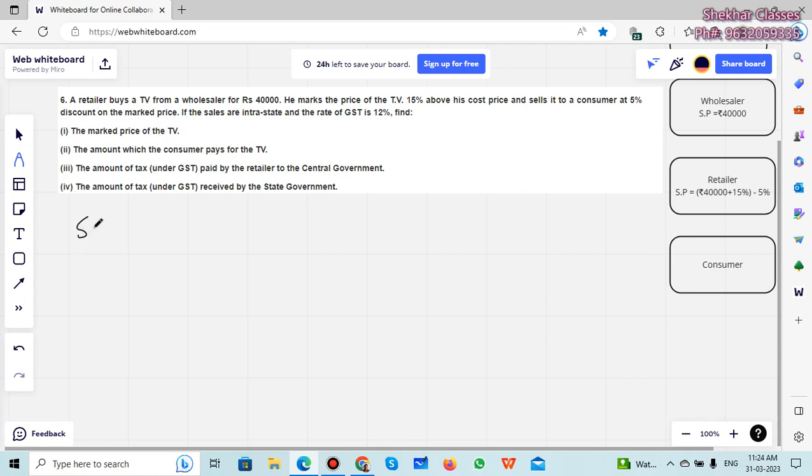The marked price is the price which is 40,000 plus 15% more. So 15% of what? 15% of 40,000 only.